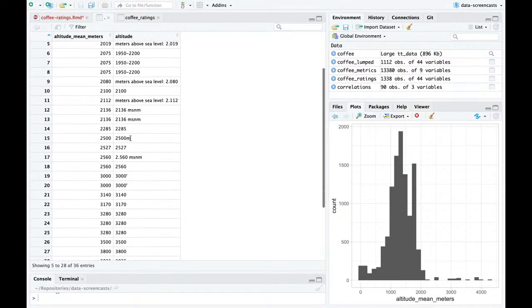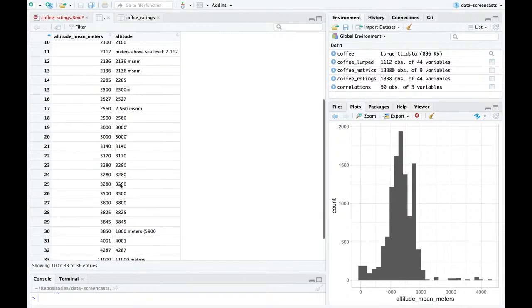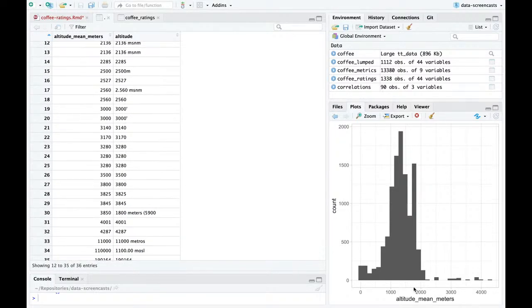So these don't look like they were misparsed. This is misparsed. This 3850 is 1800, 5900. That's misparsed. These just have no idea what to do with these giant values. So these look plausible. I wonder if I say country.